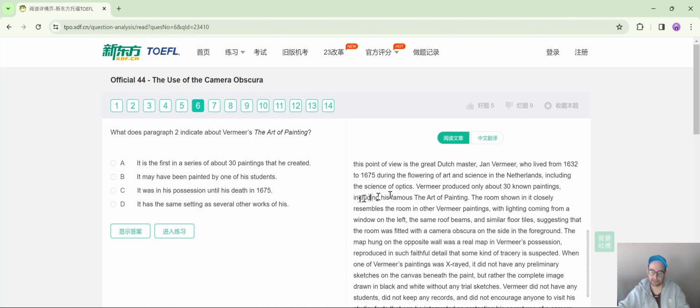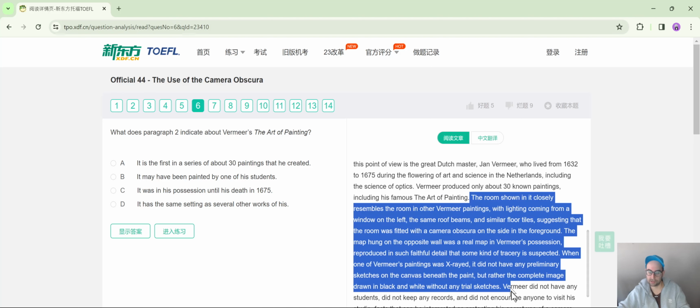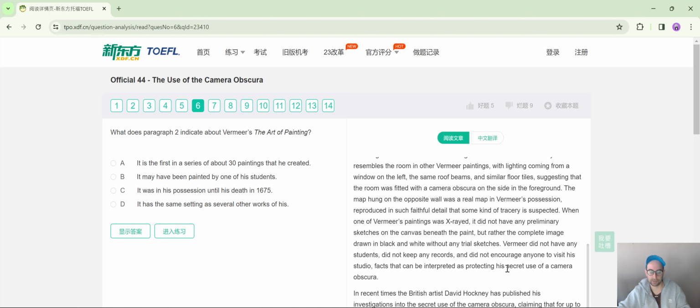Again, reset to the original position. His students, you're going, and it didn't mention that anywhere. So B is wrong. It was in his possession until his death in 1675. You're going through it. No, I don't see it. Wrong.